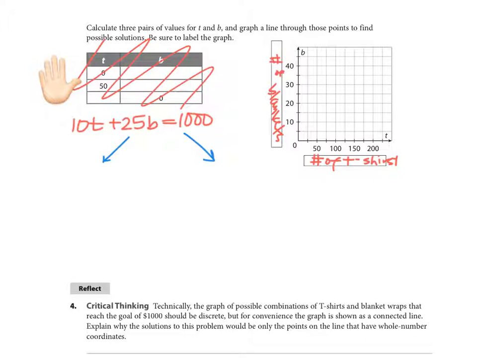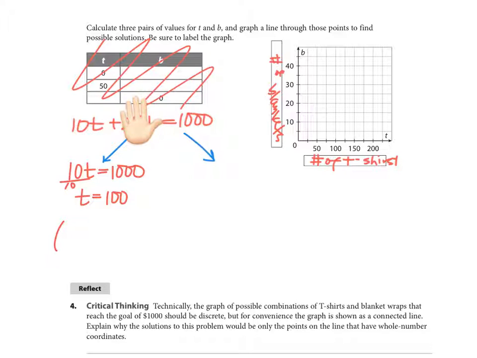If I don't sell any blankets, I put in 0 here for the B, that whole part goes away, which means I'm going to give myself the equation 10T equals 1,000. So if I don't sell any blankets and I divide that out, that means I have to sell 100 t-shirts. So that's one point, 100, 0, because I plugged in 0 for the blankets.